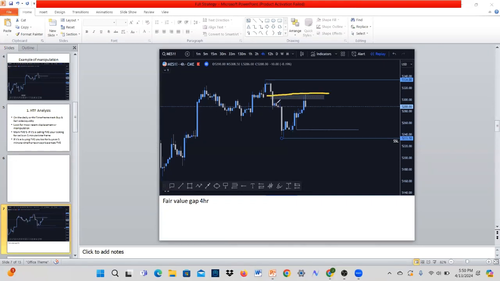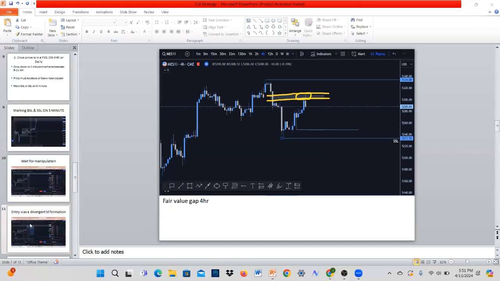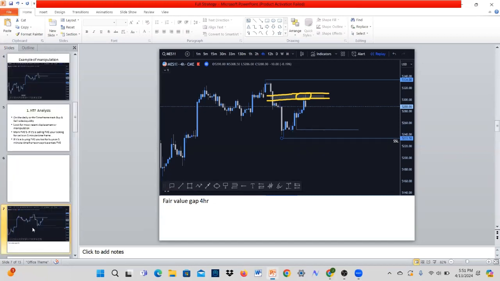We didn't get a displacement above here, right? But we do have a fair value gap on the 4-hour time frame. So I marked this fair value gap, and once it hits within this area, I'm dropping down to the lower time frame.